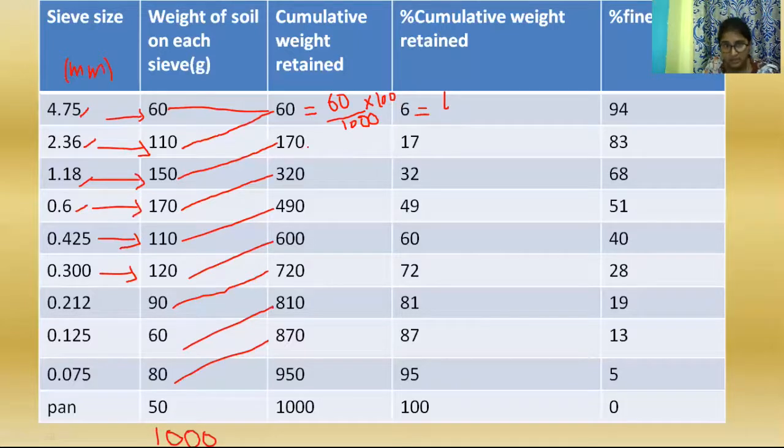Then the cumulative weight retained 170 divided by the sample taken 1000, so this will be in percentage, you multiply it with 100, we get 17.